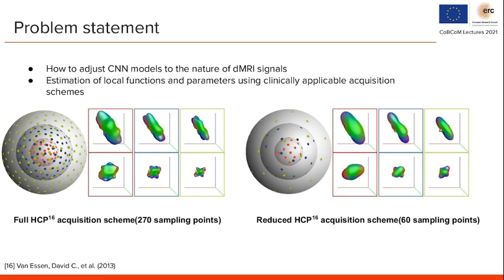Acquisition of one diffusion MRI scan with this large number of sampling points lasts around an hour, which is not clinically desirable. In the figure on the right, an example of a reduced sampling scheme used in our experiments is illustrated, and it contains 60 points per 3 shells.